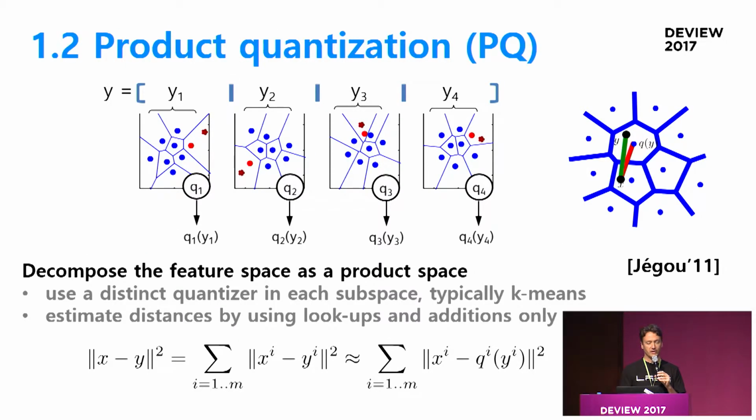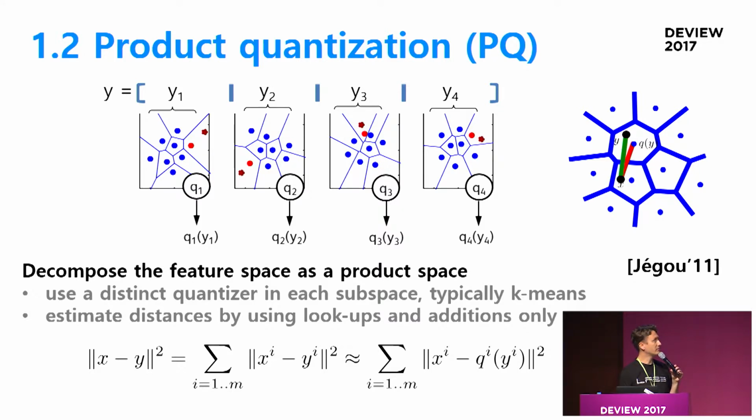So a second class of technique, and a more recent one, is product quantization, introduced by Hervé Jégou and colleagues at INRIA. It's a very, very different technique. What you do is, given an input vector which we will denote y, first, you cut it into small subvectors.